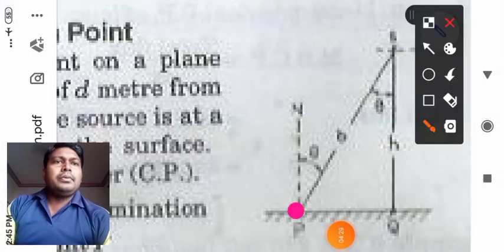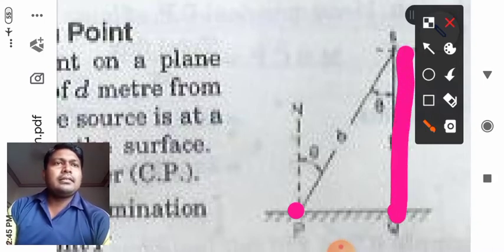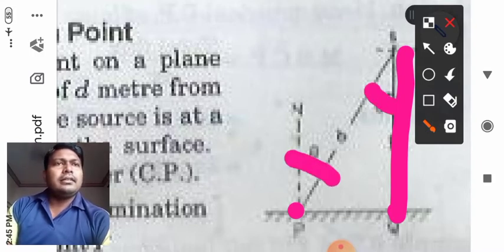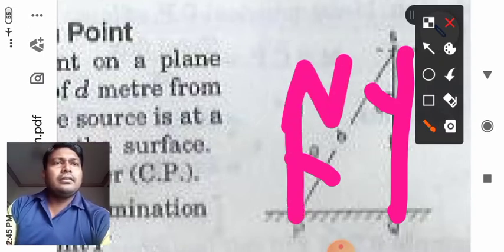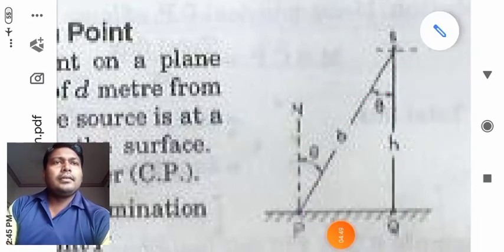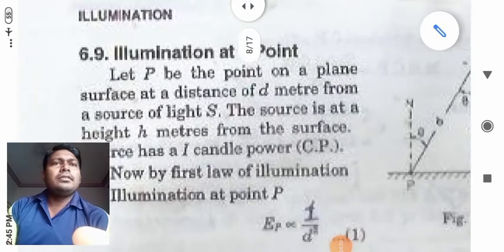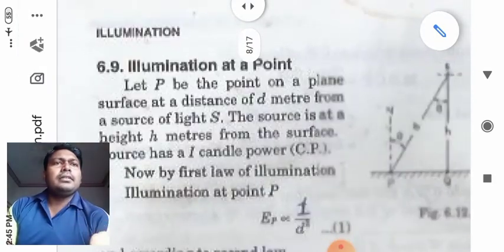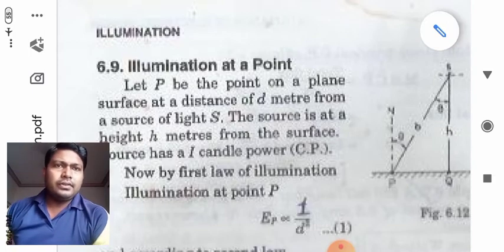This is the point P, this is the point Q, the height is H, the angle subtended is theta, which is also equal to this angle. This line is the normal. Now we'll proceed.